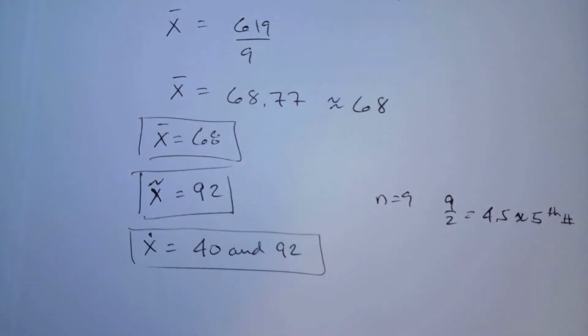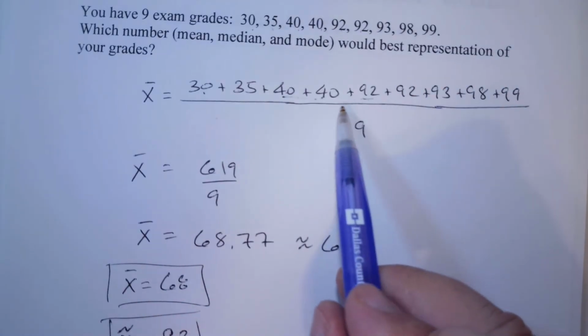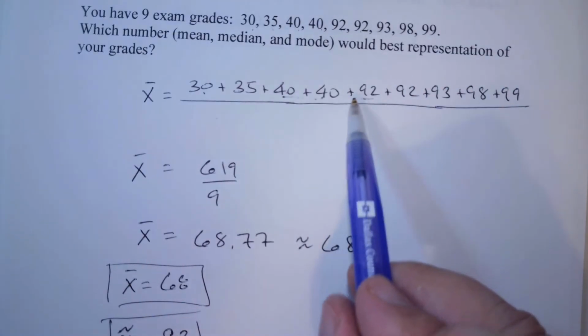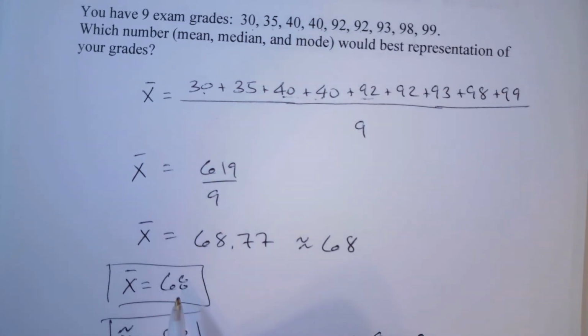So which one of these three would best represent my grades? Because if you notice, you made nothing in the 50s, 60s, 70s, or 80s. You either made really low or super high. So the average of 68 doesn't tell us a true picture. The median is 92.